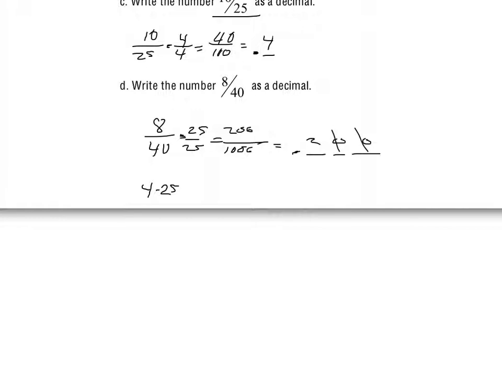This is 0.2. It's possible that we could have taken the 8/40ths and also gotten it down by dividing by 4 over 4 and got it to 2/10, which would be 0.2. Same idea. All right. Flip on over to your partner work time.